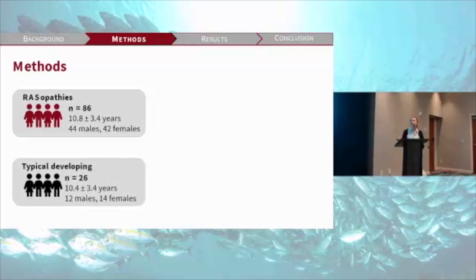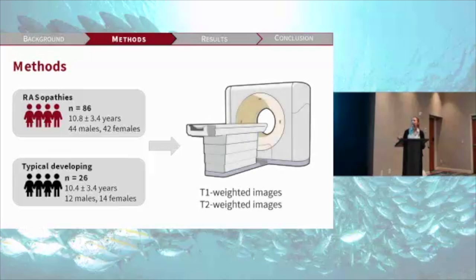And then we also had 26 typically developing peers. The average age in both groups was around 10 and a half. All of these kids kindly completed an MRI scan for us. We acquired T1 weighted and T2 weighted images, which again are very standard structural images. And in total, acquiring both of these scans took around 10 minutes.